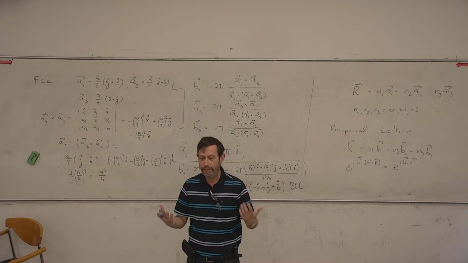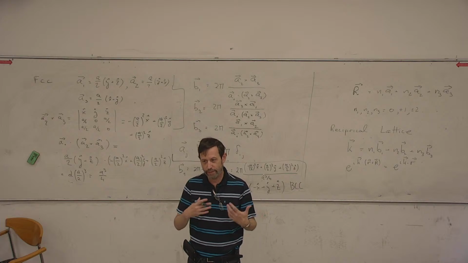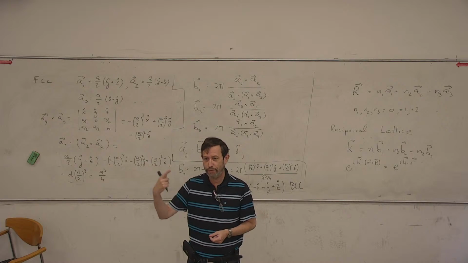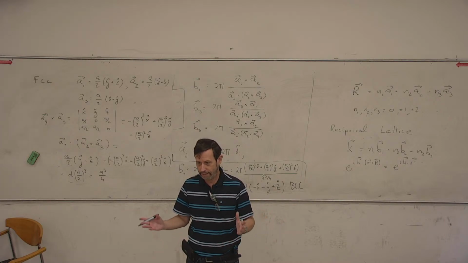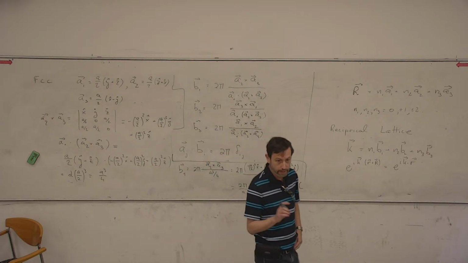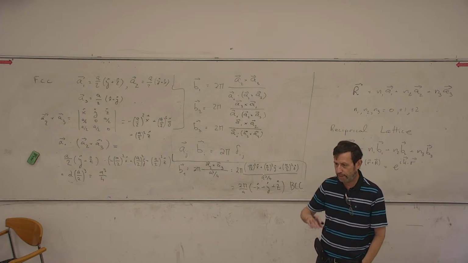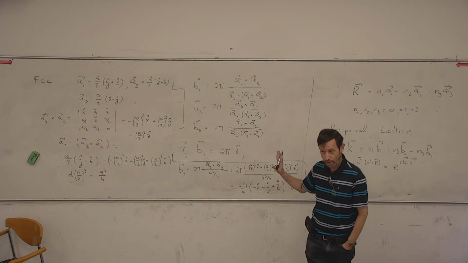You have 14, if I'm correct, different structures of lattices that are divided into 70 different subcategories of lattices that can appear in nature. So it's a very rich field. Just as you have condensed matter physicists or quantum physicists, you have crystallography. It's a whole field.